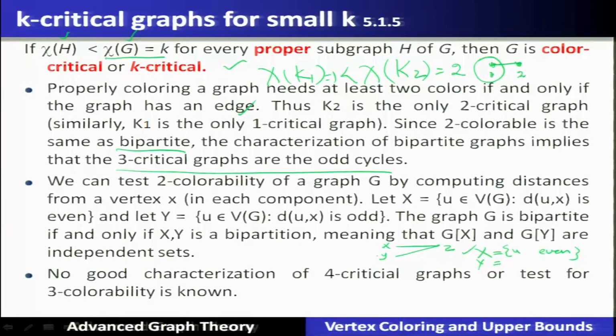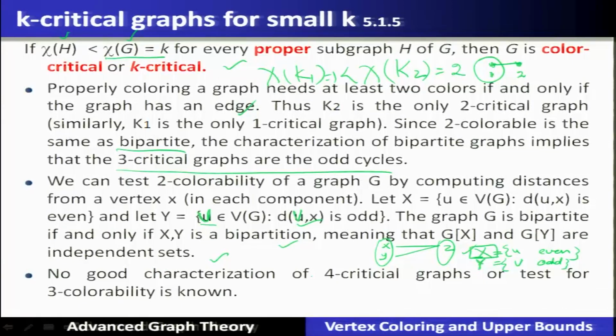Similarly, the Y set is all such vertices v whose distance from x is always odd in parity. So we obtain two different sets, a bipartition of the graph. Hence this graph is a bipartite graph, and each of X and Y is an independent set.